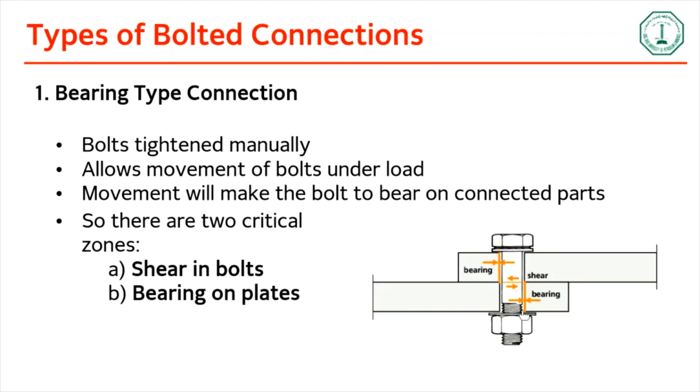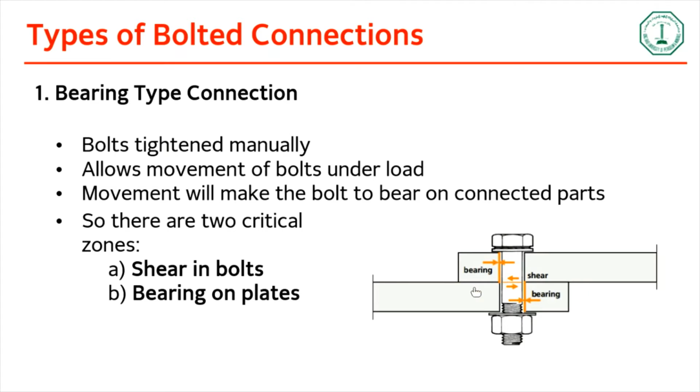The first one is the shear in the bolt. You see there is a shear plane right here, and when this is under tension or compression, this is a shear plane, and we need to design the bolt for it. This is one of the design criteria that we use.